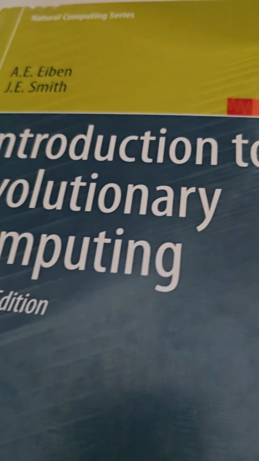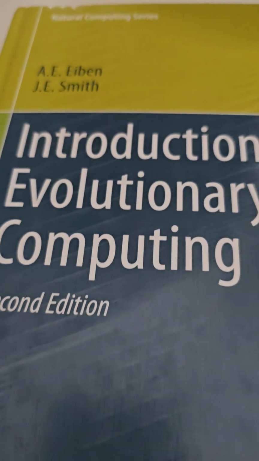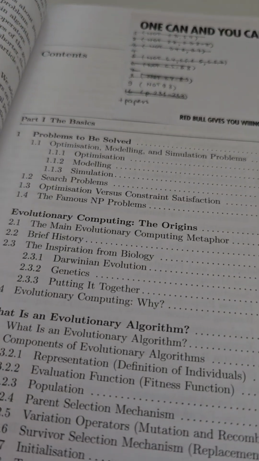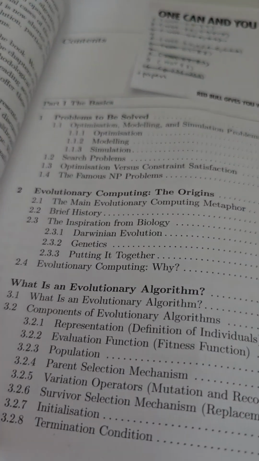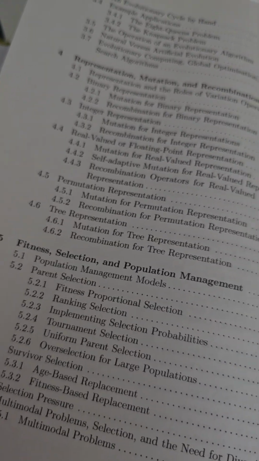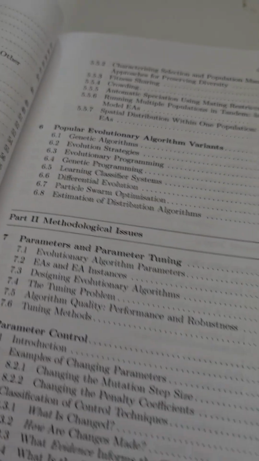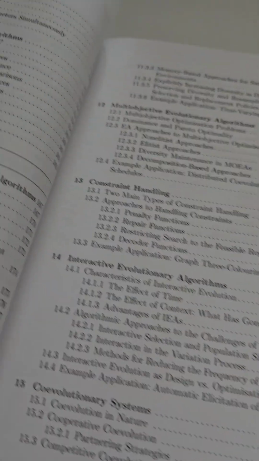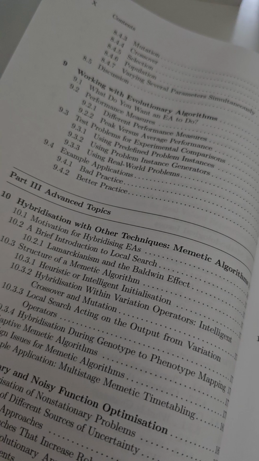And then we have here Introduction to Evolutionary Computing by Eiben and Smith. So we have problems to be solved, evolutionary computing, the origins, what is an evolutionary algorithm, representation, mutation and recombination, fitness, selection and population management, popular evolutionary algorithm variants, parameters and parameter tuning, parameter control, working with evolutionary algorithms, and then some advanced topics.